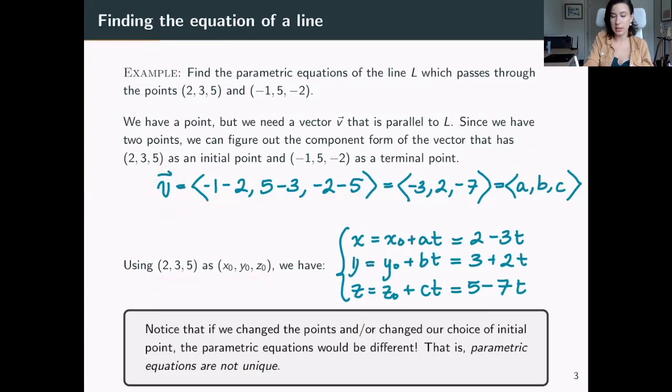I could have chosen -1, 5, -2 as my point, my initial point, x naught, y naught, z naught. And so what I choose will actually end up with different parametric equations and different sliders. So just be careful when you're working through these problems that just because your answer isn't identical to the answer you see somewhere, that doesn't necessarily mean that you did it incorrectly.